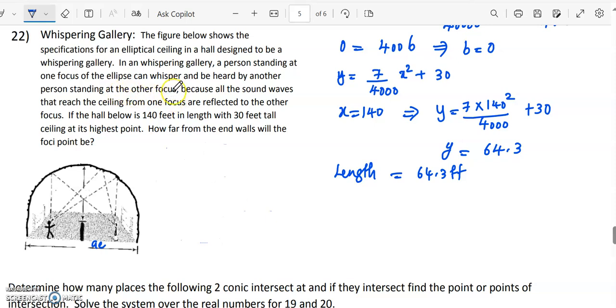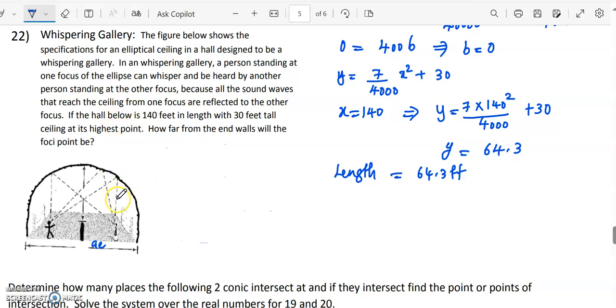So in question number 22, the figure below shows the specification for an elliptical ceiling in a hall designed to be a whispering gallery. In a whispering gallery, a person standing at one focus of the ellipse can whisper and be heard by another person standing at the other focus, because all the sound waves that reach the ceiling from one focus are reflected to the other focus.